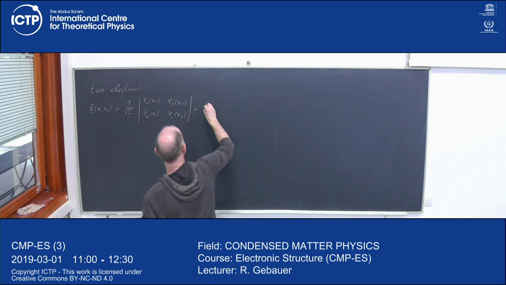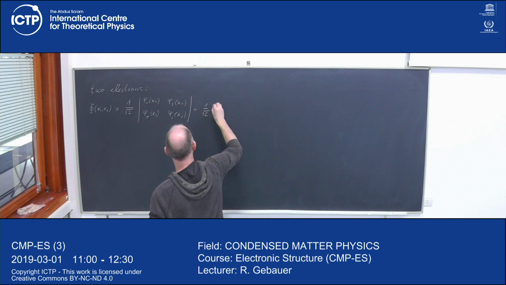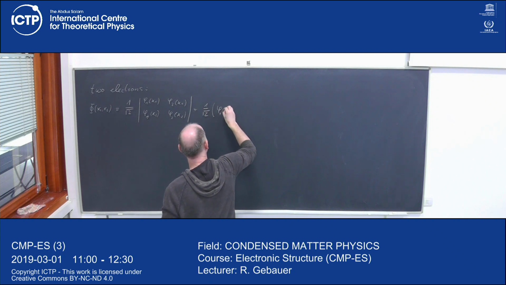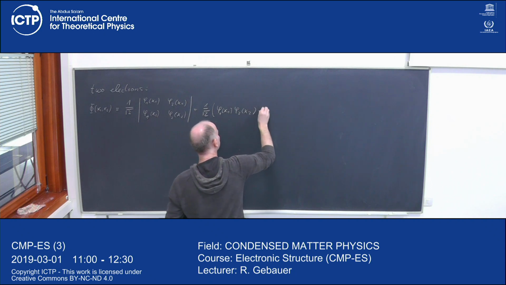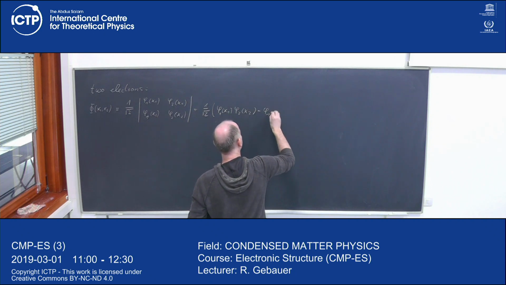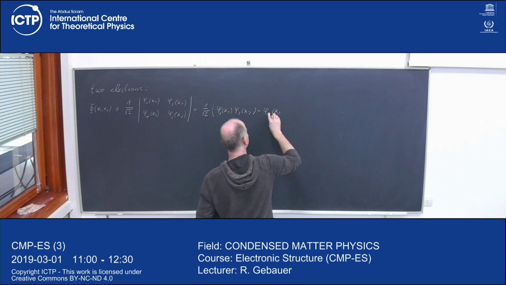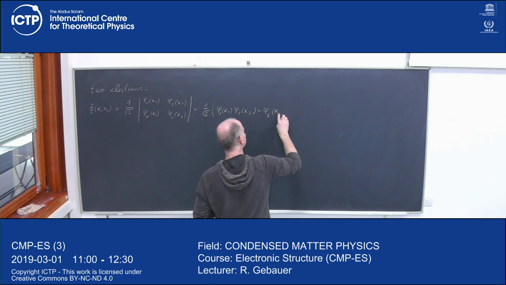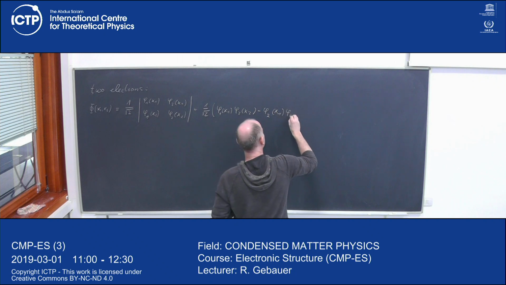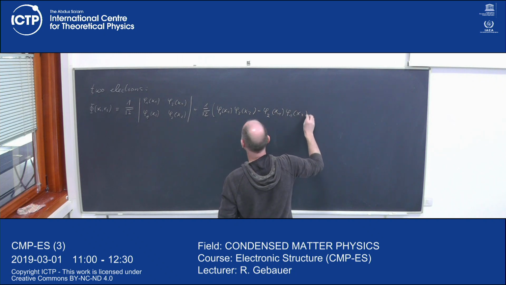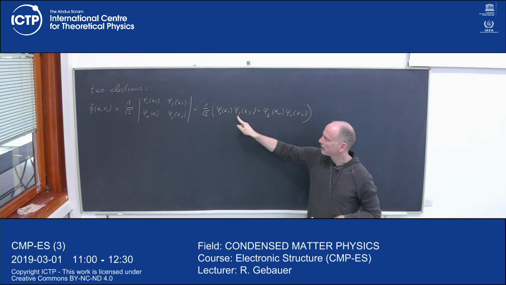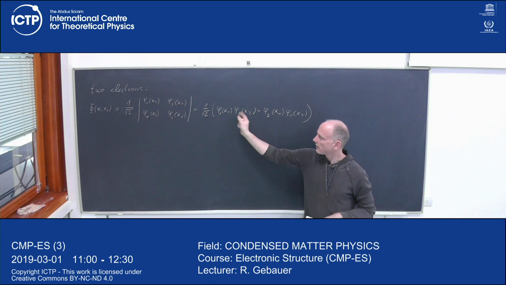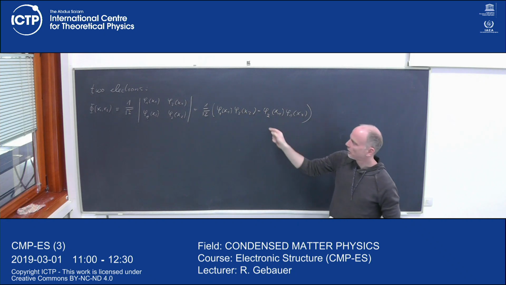So it is simply what we would have expected: 1 over square root of 2, phi 1 of x1 times phi 2 of x2, minus phi 2 of x1 times phi 1 of x2. So it is simply a product of single-particle wave functions, but then there are plus and minus, and in this case it's the one where you exchange the two particles.